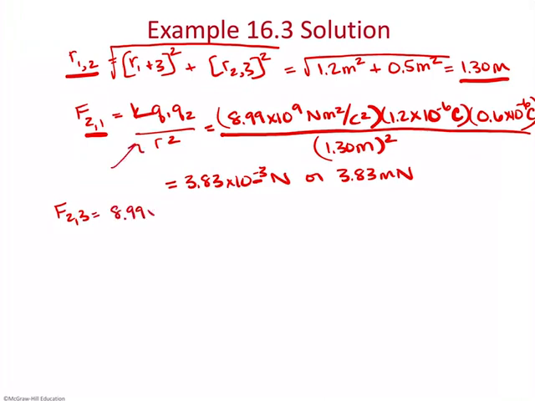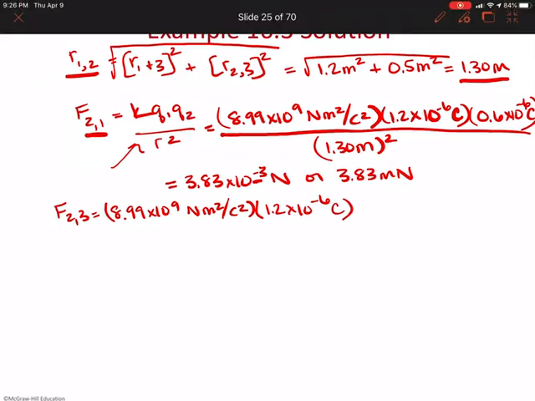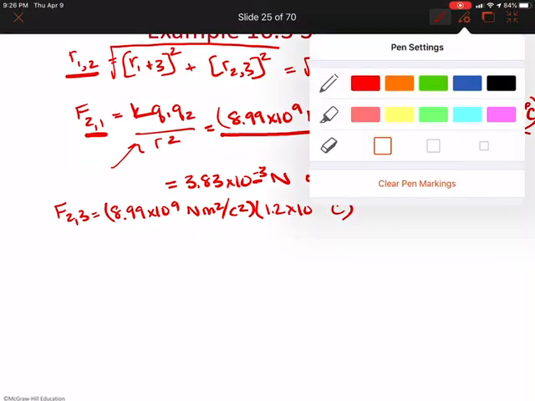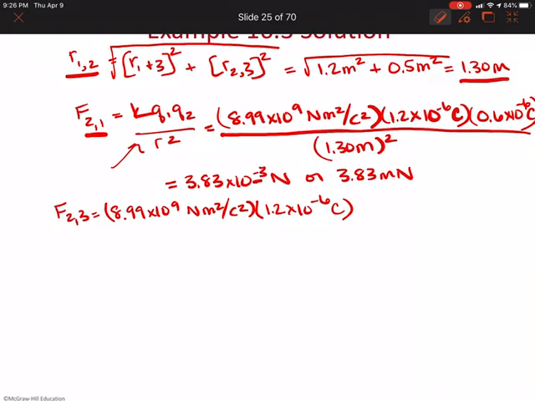We have 8.99 times 10 to the 9th newton meter squared per coulomb squared, and multiply that by 1.2 times 10 to the negative 6 coulombs, because that's charge 1. Wait, no, I did that wrong again. I'm sorry. Let me erase that really quick.